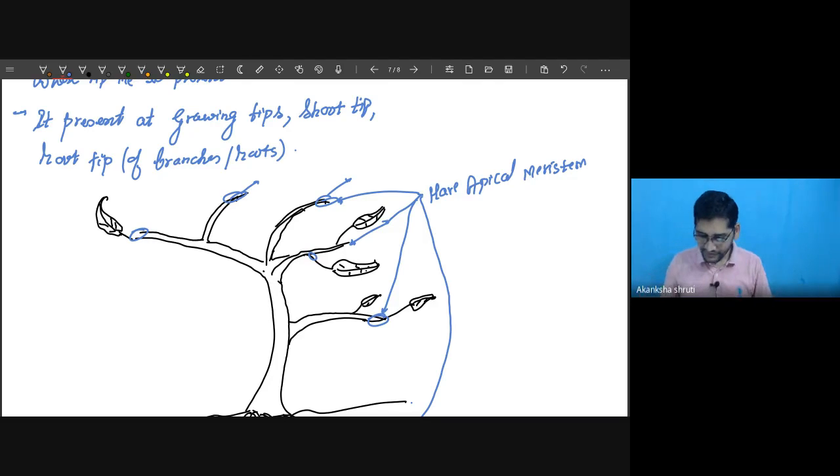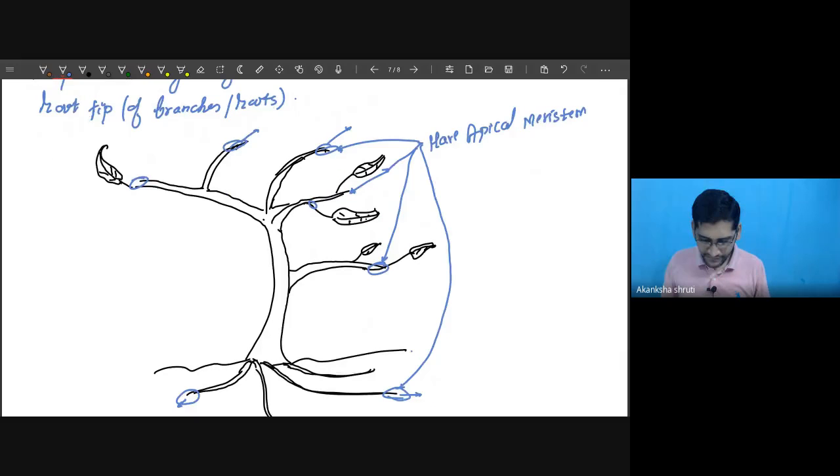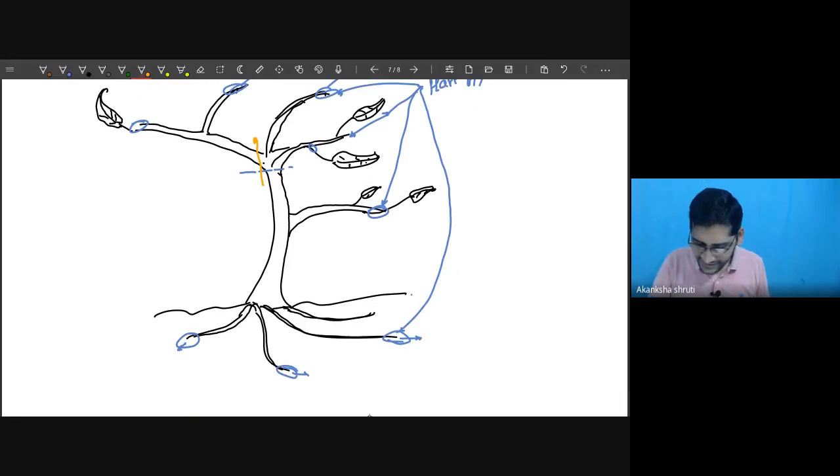Are you getting it? We also sometimes observe that the length of the trunk increases. Means the trunk length will not stay this much once it is this much, but later on you will observe that this length also increases. So this is the increase in length.